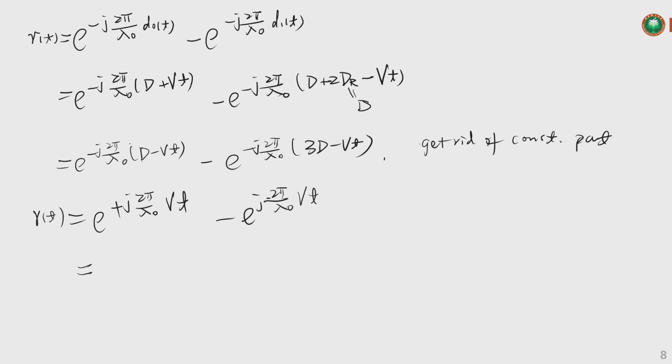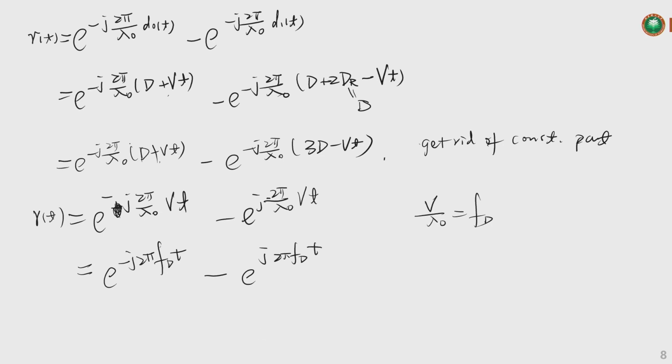Am I correct? Oh, sorry, I think I wrote something wrong. This is positive, so this one is negative. Okay? This one is positive here, so this is positive and this is negative. So it becomes e to the minus j 2 pi V over lambda node, which equals the Doppler shift, all right? So e to the minus j 2 pi fd times t minus e to the j 2 pi fd times t again.